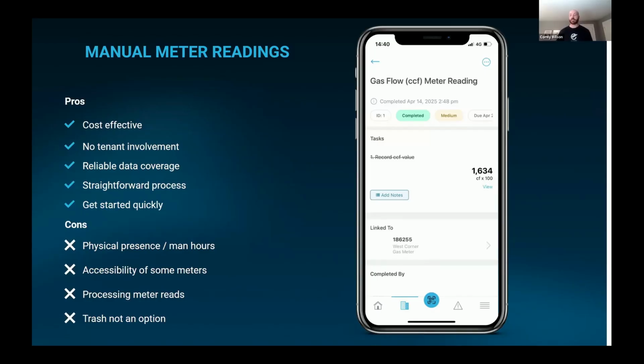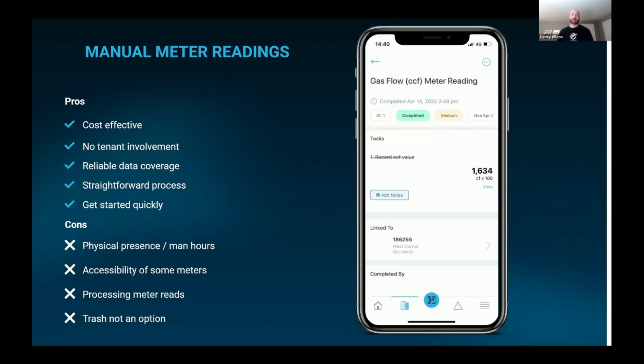Accessibility of some meters. So this is really important, and it varies depending on the utility type. So this is a really popular solution for gas data because, as far as we've ever seen, 100% of gas meters are located on the outside of the building. And for whatever reason, gas utilities tend to be a little more challenging to deal with. So from that perspective, it's really reliable and a really great solution.